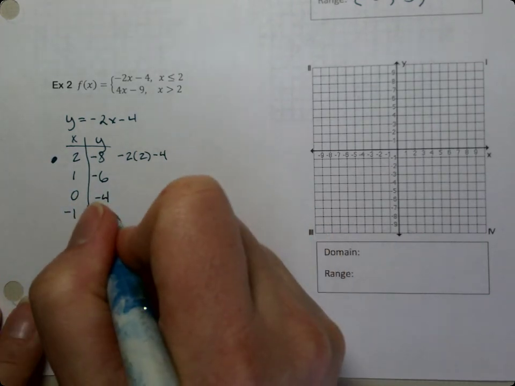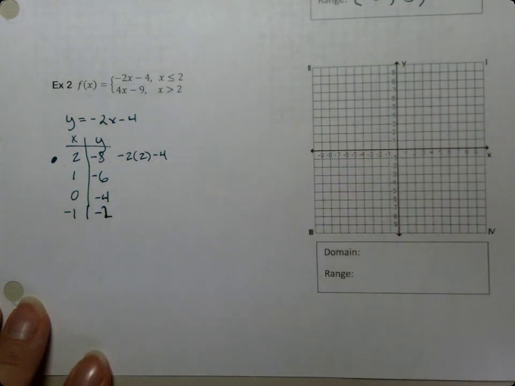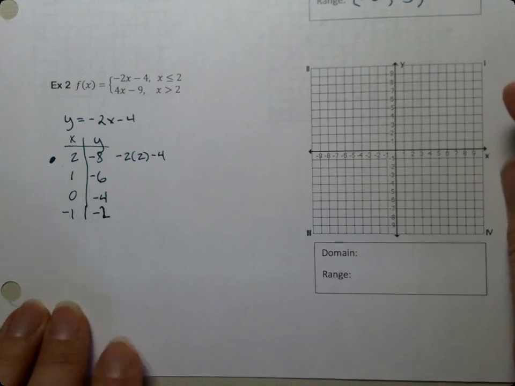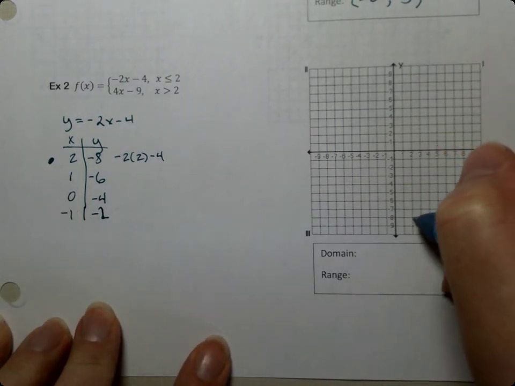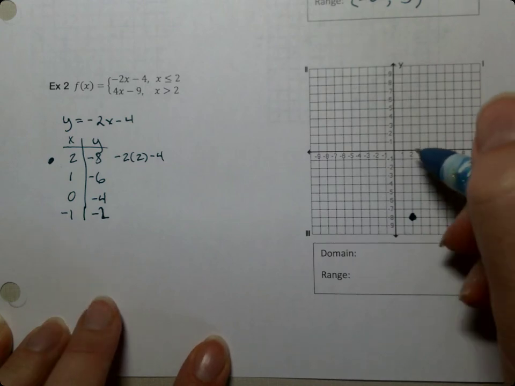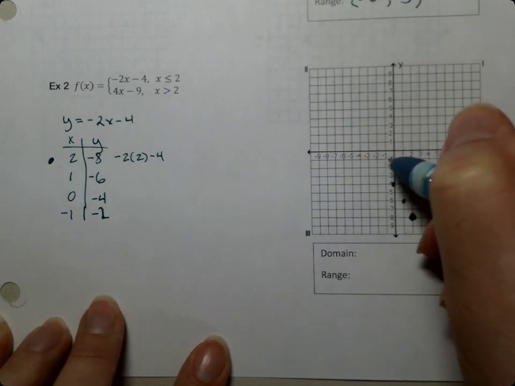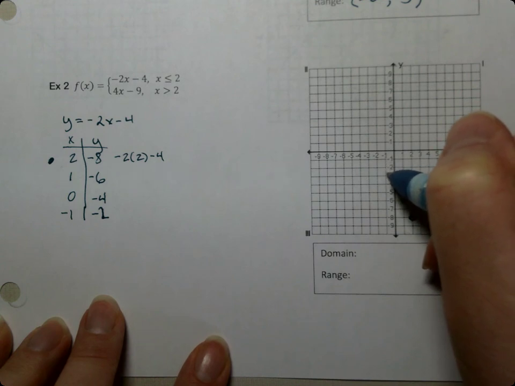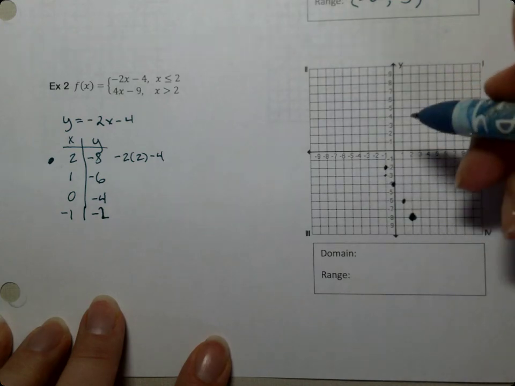Oops, I'm wrong. See if we agree. So start at 2, -8. Closed circle because it's allowed to be on 2. And then go ahead and graph your line. Now, we know this is a linear function, so if we weren't getting a line, we would know something was wrong.